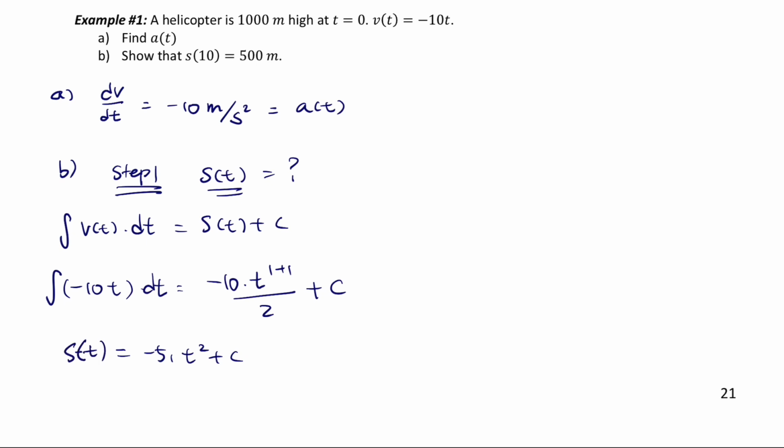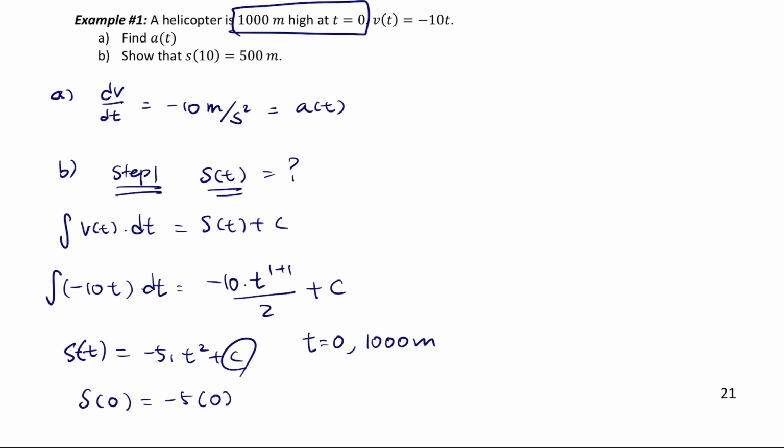However, we need to find that last c part. We have to use the given information to find the c value. When t is equal to 0, we know that displacement is 1,000 meters. So s of 0 is equal to negative 5 times 0 squared plus c, which equals 1,000.